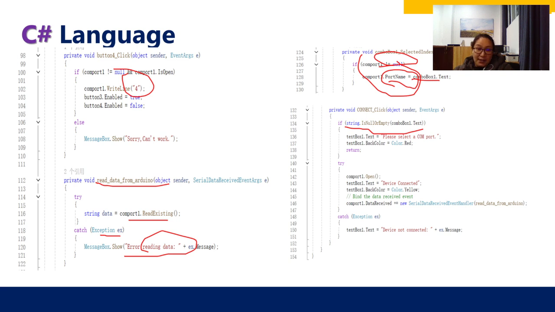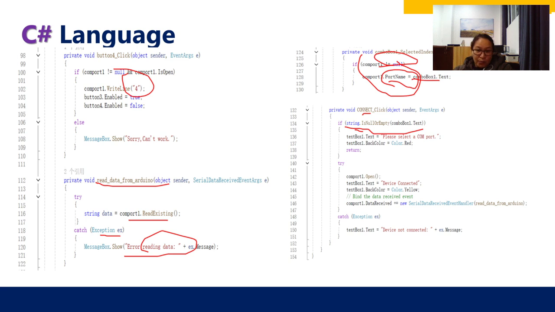When the connect button is clicked, this method is triggered. It first checks if the COM box has a selected item by verifying that the COM box text is not null or empty.